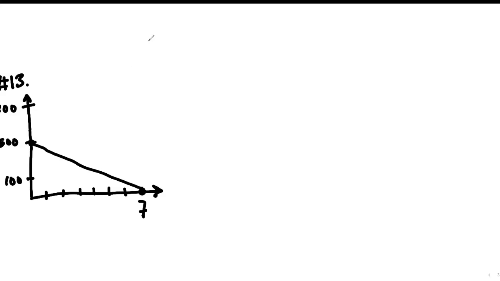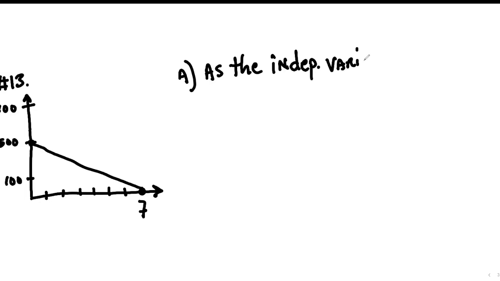So let us look at part A. Now with part A, we are going to look at the independent variable and dependent variable in reference to our graph. And my independent variable here is time.